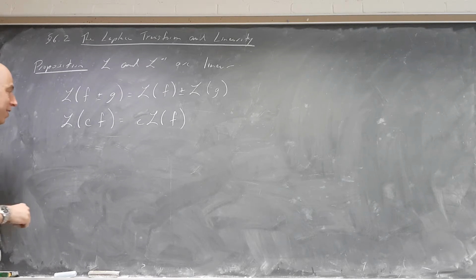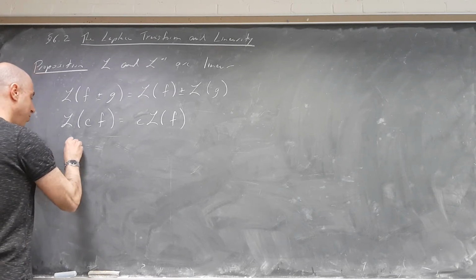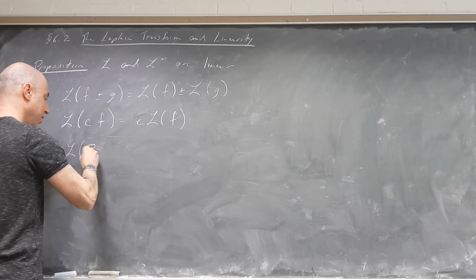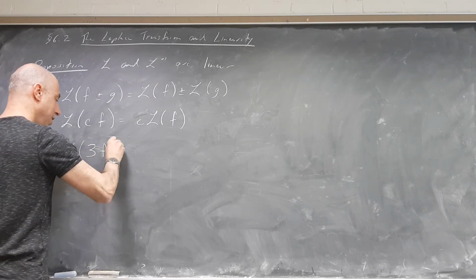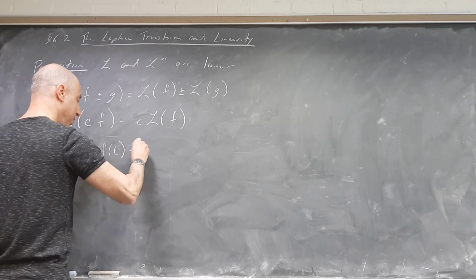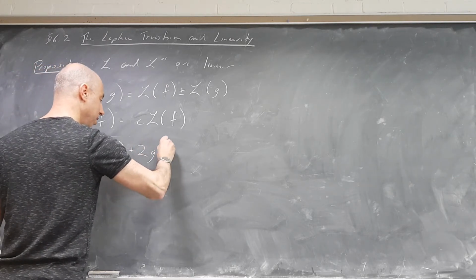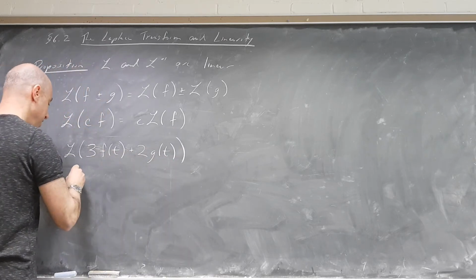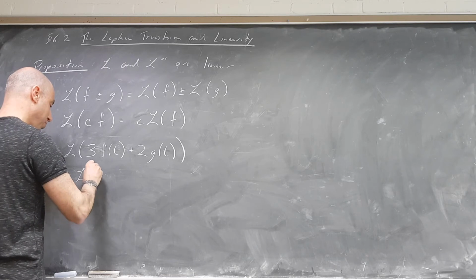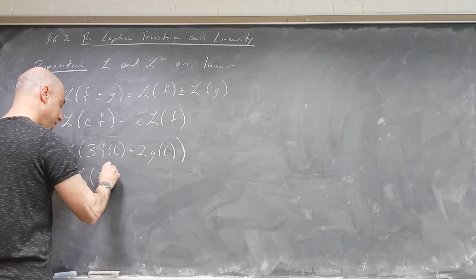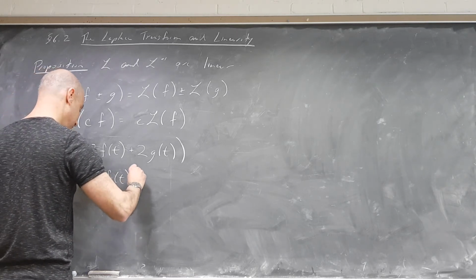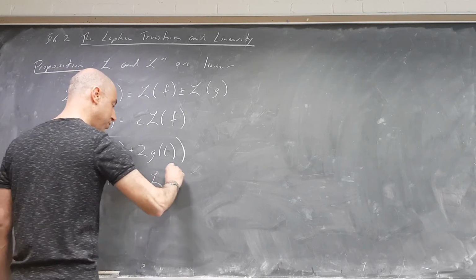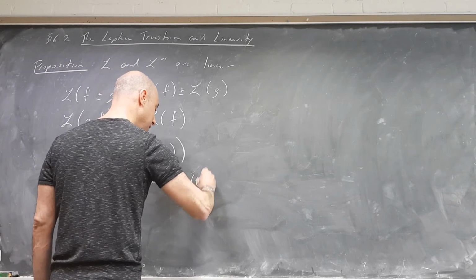So if I had the Laplace transform of, let's say, 3 times f of t plus 2 times g of t, I could break this up over the plus sign. So this would be the Laplace transform of 3 times f of t plus the Laplace transform of 2 times g of t.